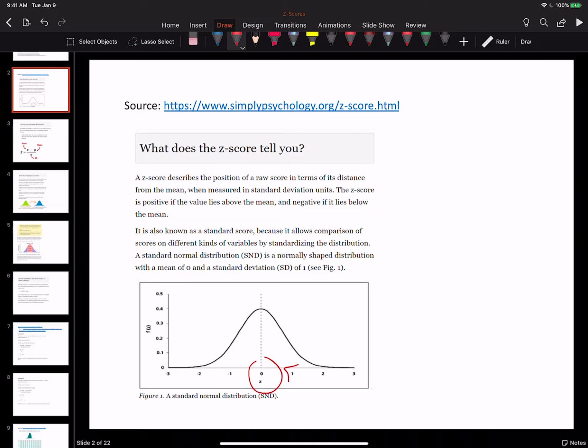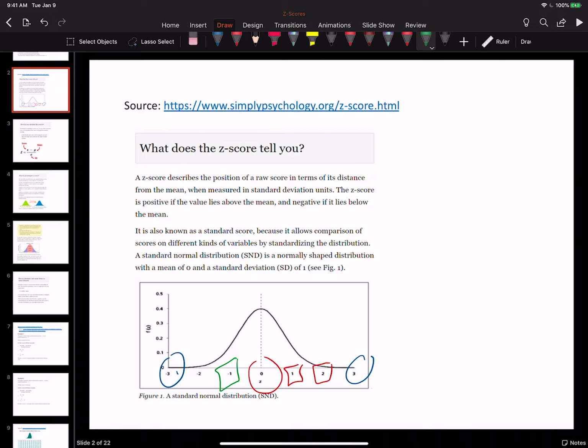Z equals 1 means you're above average with 1 standard deviation. Z equals 2 means positive 2 standard deviations above the mean. It's rare to see numbers above 3, and also rare to see numbers below -3.